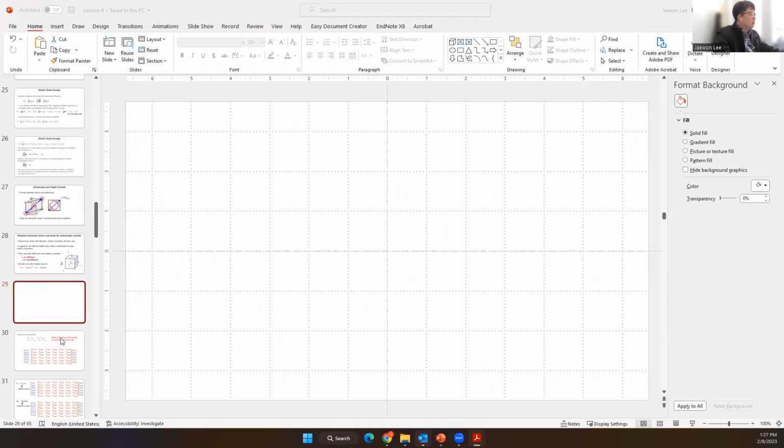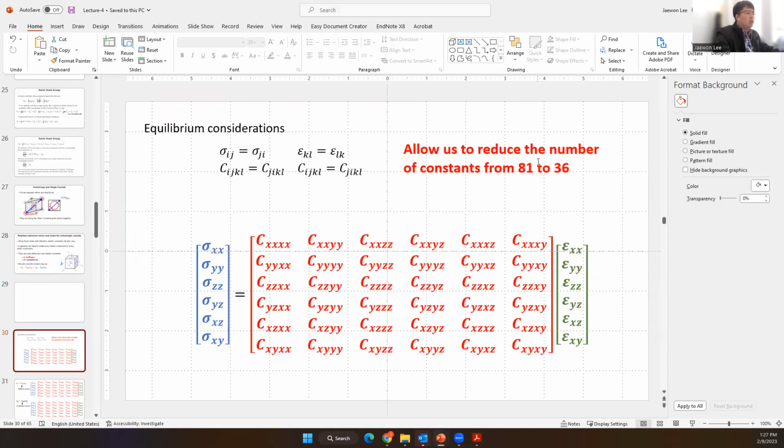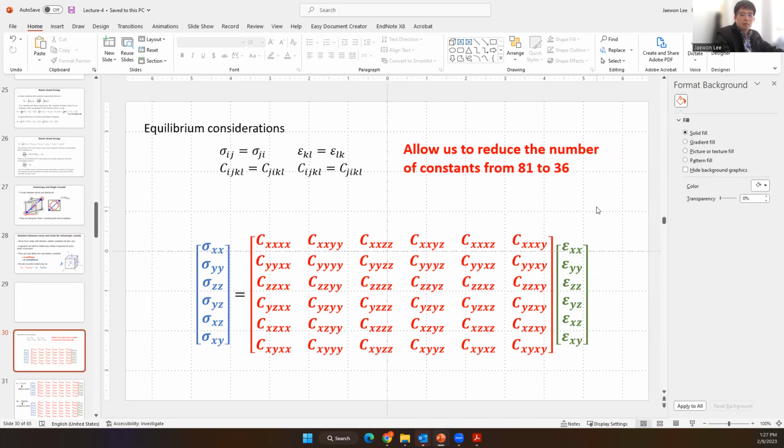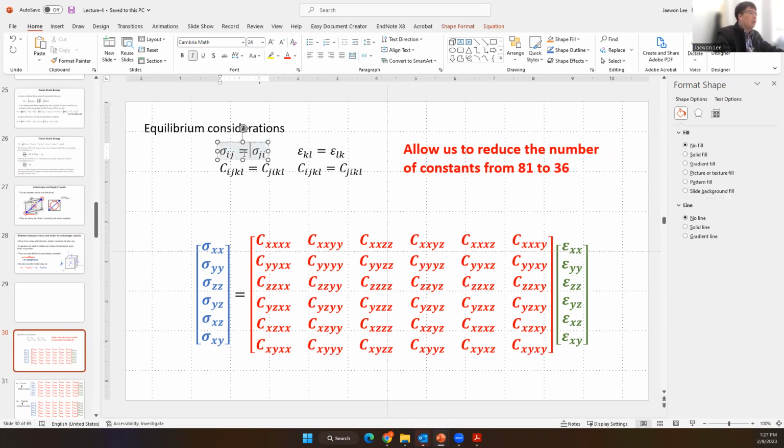I don't know why it is missing. Well, we can reduce the terms from 81 to 36. It could be expressed like that. We can say normal stress ij, normal stress ji is same.